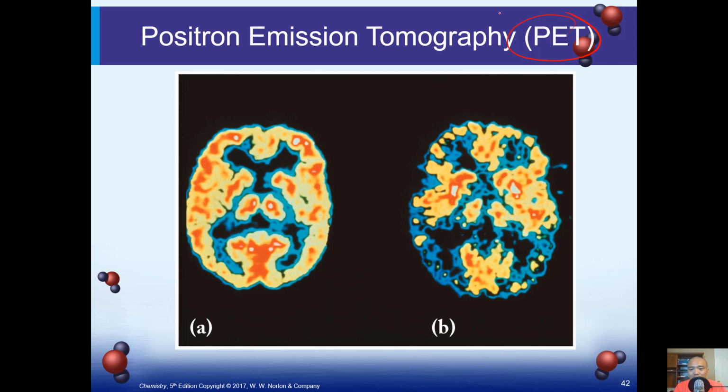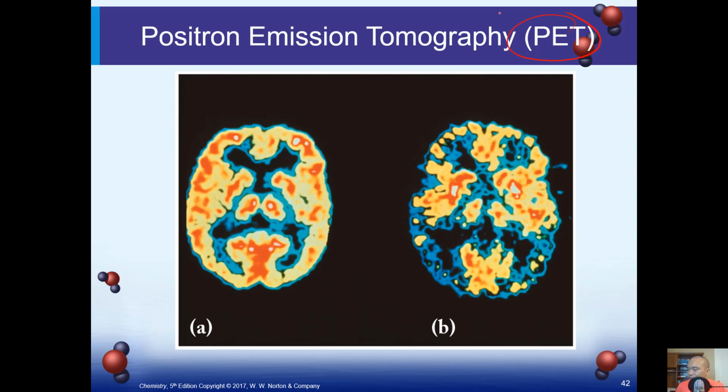The rate at which the glucose is metabolized in various regions of the brain will produce different levels of glucose in the brain cells, which can be detected as isotopes decay and emit positrons. The emitted positrons react via matter-antimatter reactions to produce gamma rays, which are detected as they exit the brain.